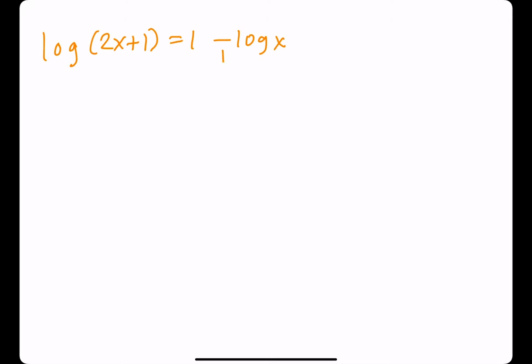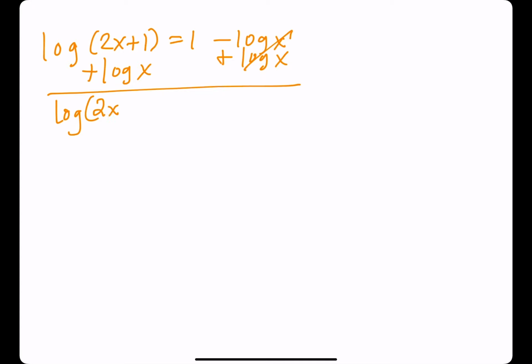So the first thing I'm going to do is add this log to the other side. When I add these two logs together, really what I'm doing is multiplying. So I get 2x squared plus x.